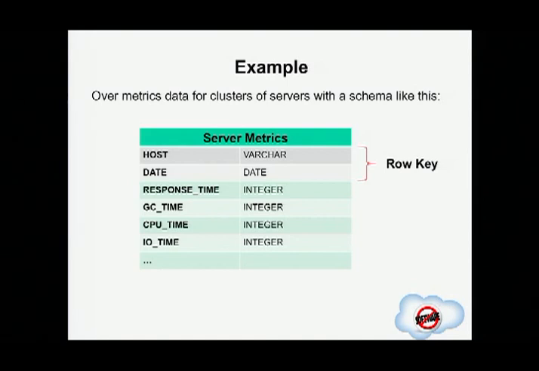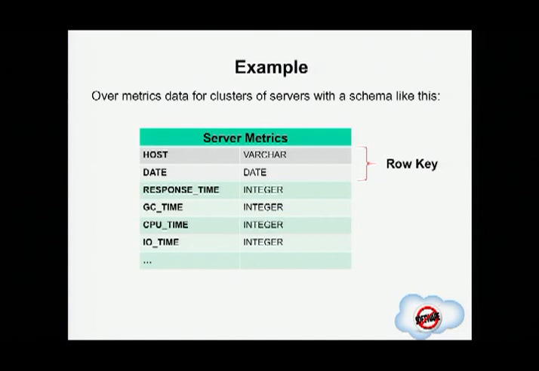Let's say you have groups of clusters and you want to monitor them. So you've defined this Phoenix table where you put the host name, which is the full machine name, plus the cluster identifier as the host.